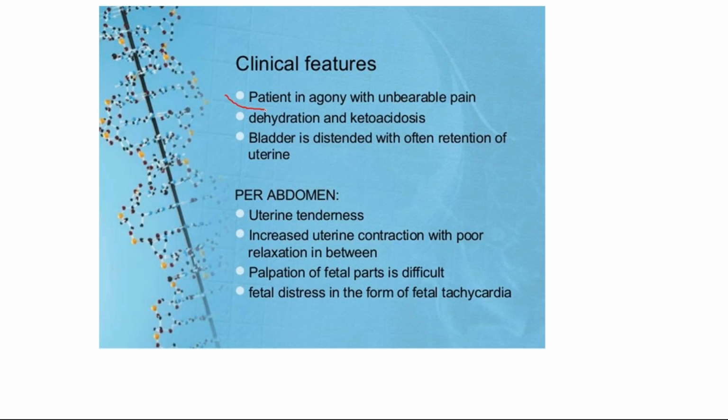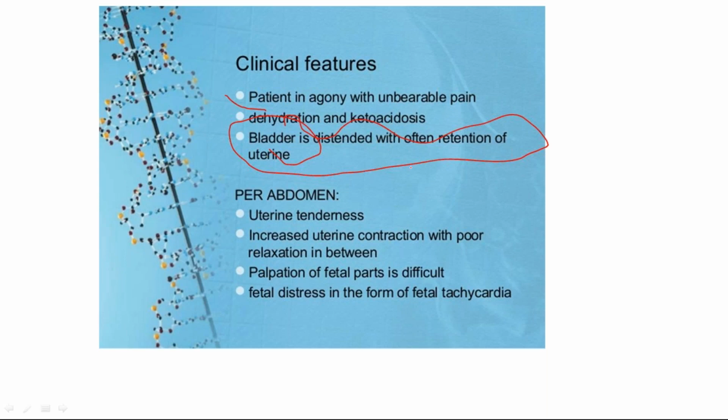So this is one of the important factors you have to remember. Whenever you find that the bladder is getting distended very frequently and you need to catheterize the bladder frequently, that also indicates some abnormality in either the uterine action or in the position or presentation of the fetus, right?